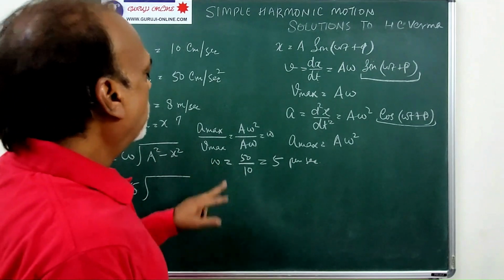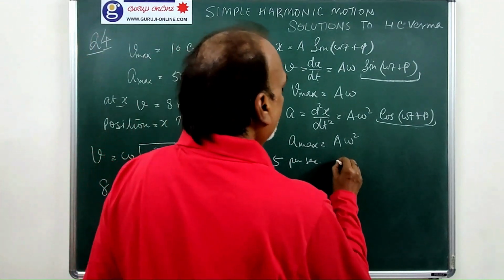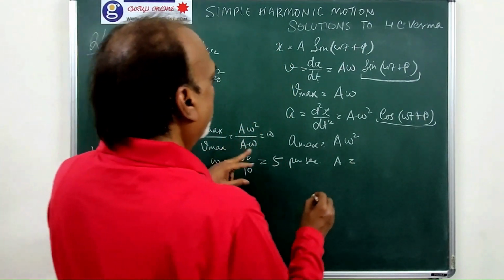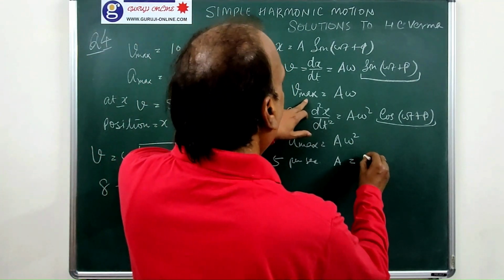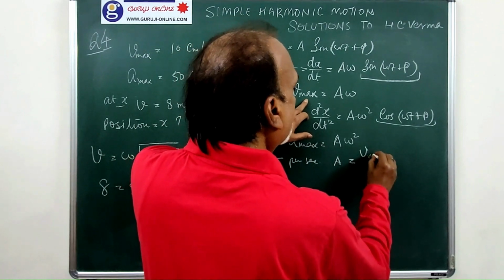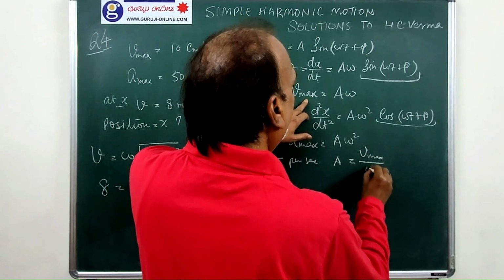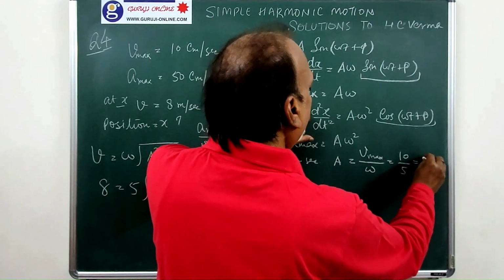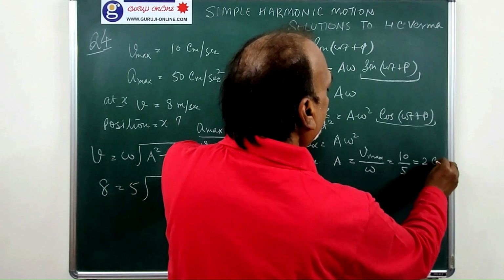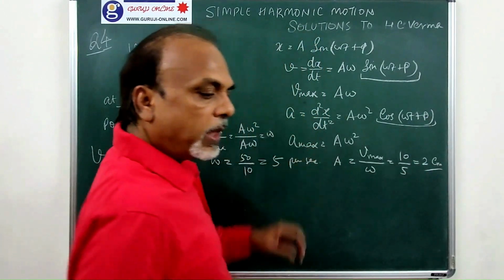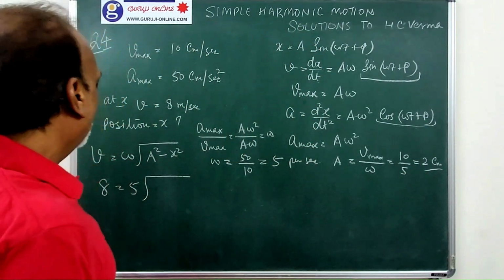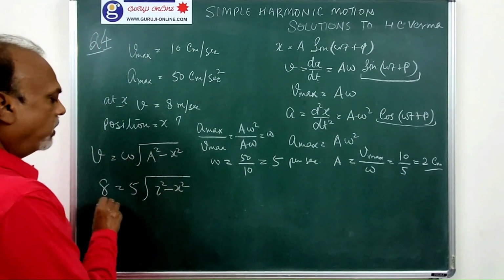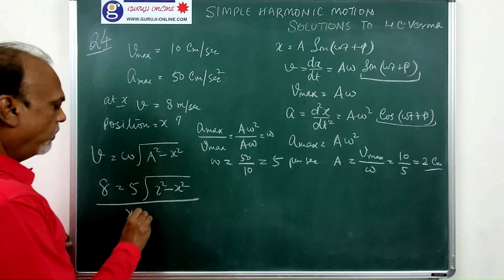Here omega we know, V max we know. So what will be A? A will be nothing but V max upon omega, or 10. Correct. So this will be 2 square minus x square, and with this equation you can find out x.